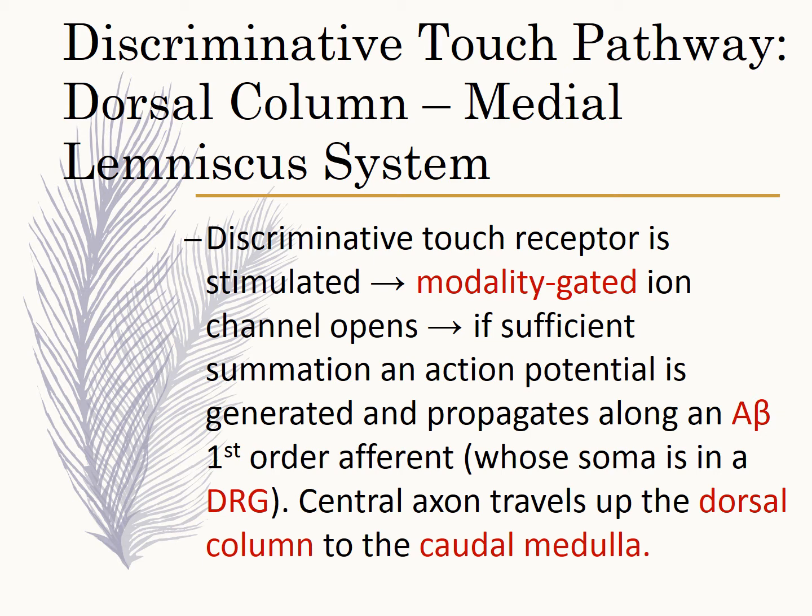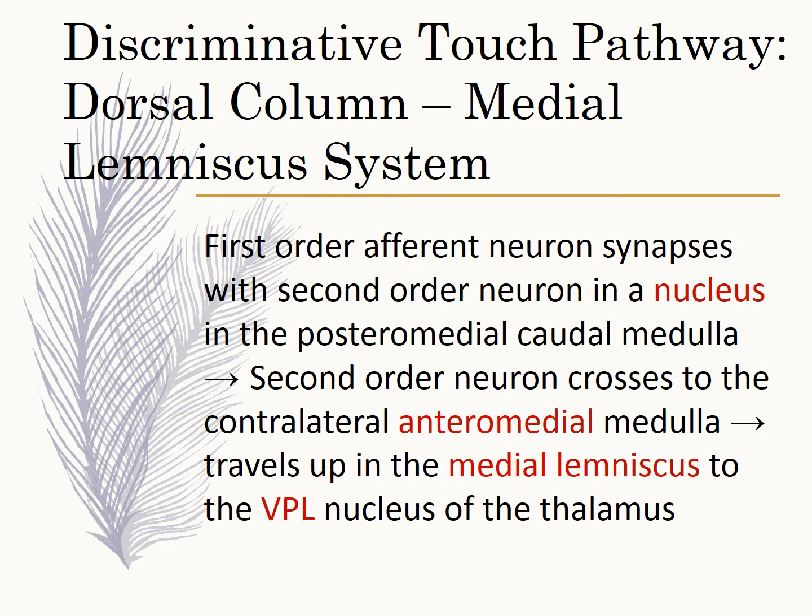The central axon of the pseudounipolar neuron enters the spinal cord and travels up in the dorsal column to the caudal medulla. When the central axon of the first order A beta afferent reaches the caudal medulla, it synapses with a second order neuron in a nucleus located in the posteromedial aspect of the caudal medulla.